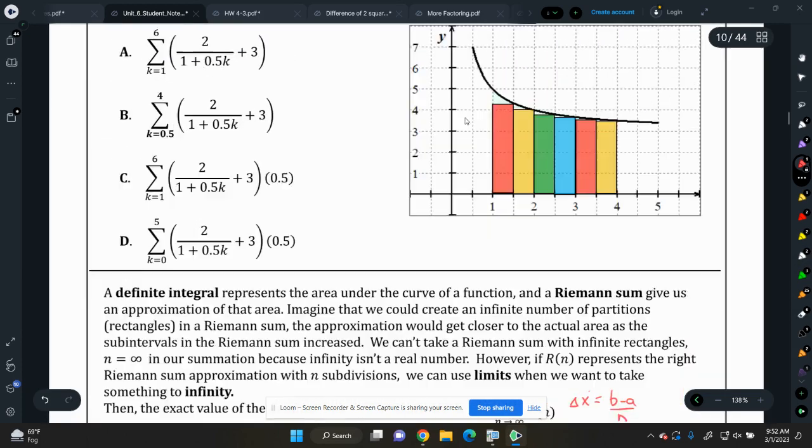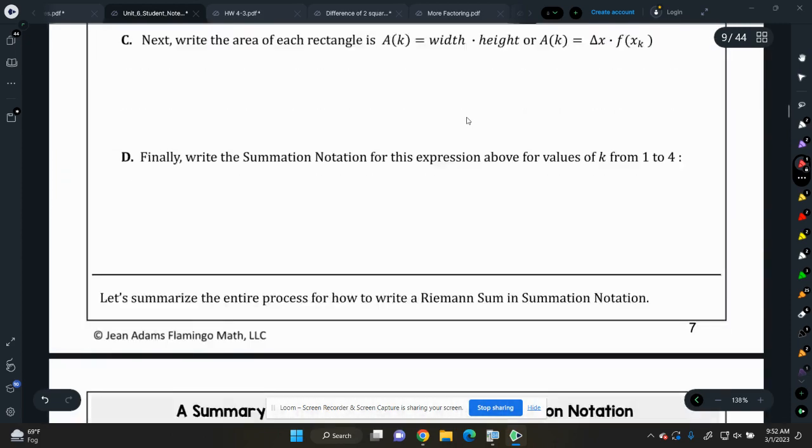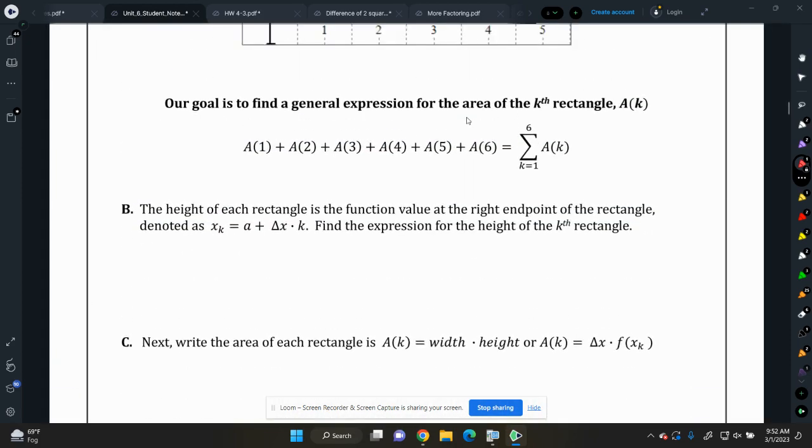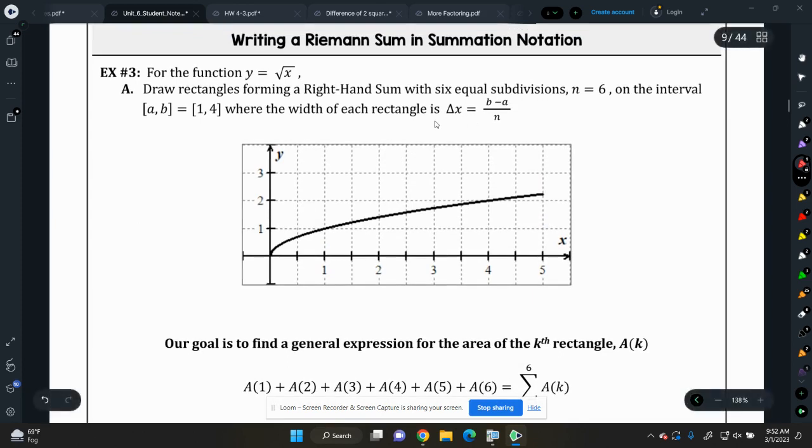Okay, so we look at an example up here. I think it's the same example actually that she did. Okay, so example 3, we've got y equals the square root of x. Let's go ahead. I'm going to work through that again with you, putting it into summation notation.